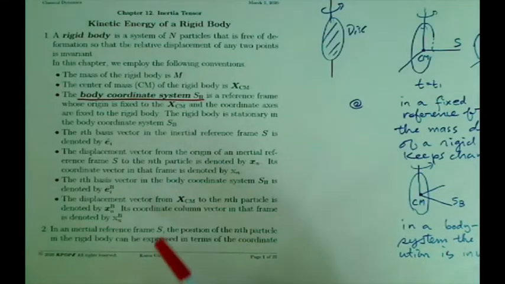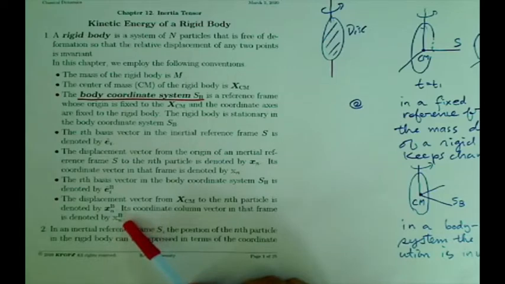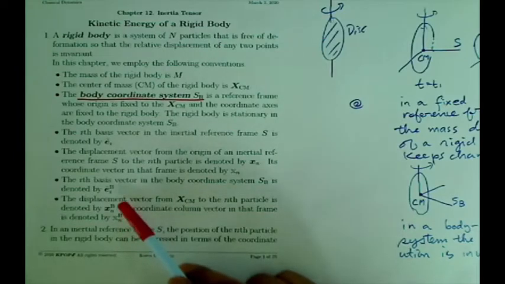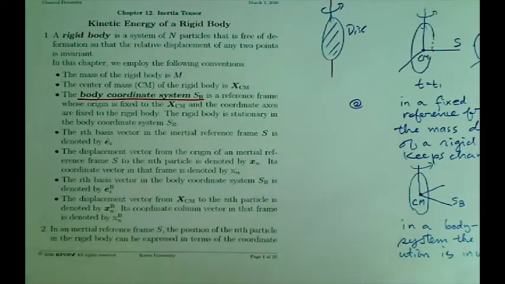Just like that, the superscript b is attached to identify the position of the nth particle in a rigid body as a column vector. And this is a unit vector of the body coordinate system.